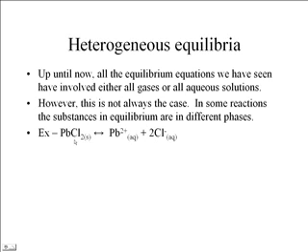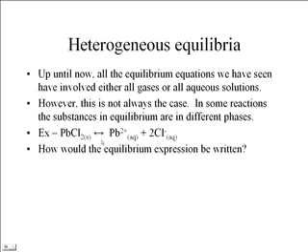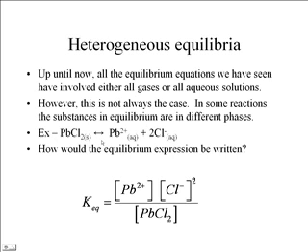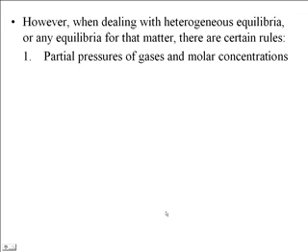But you can't talk about the concentration of PbCl2 because it's solid PbCl2. It doesn't really have a concentration associated with it. There certainly is a concentration of Pb2 plus, certainly a concentration of Cl minus, but PbCl2 doesn't have a concentration associated with it because it is just a solid compound.